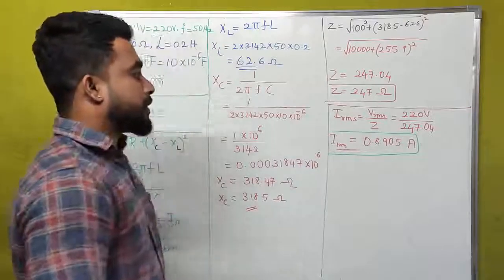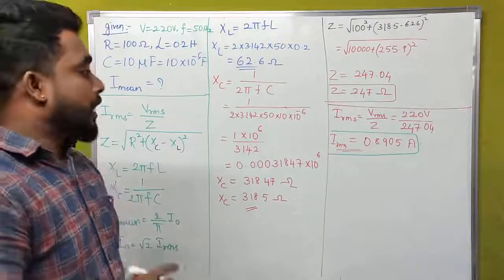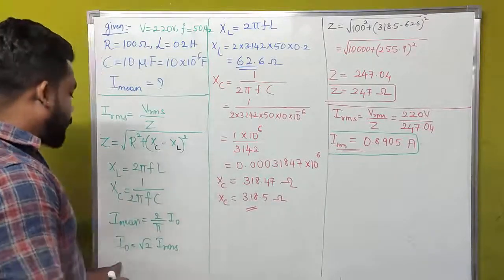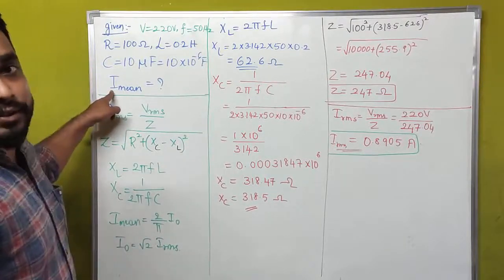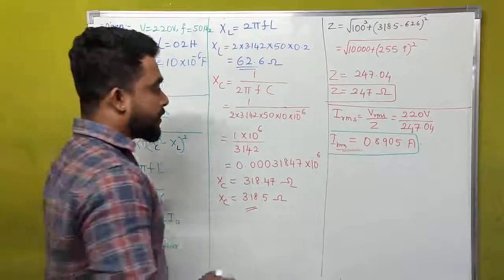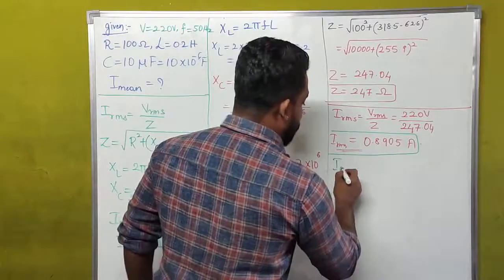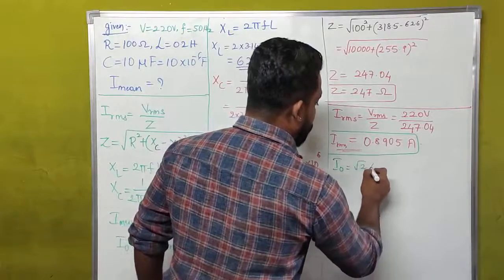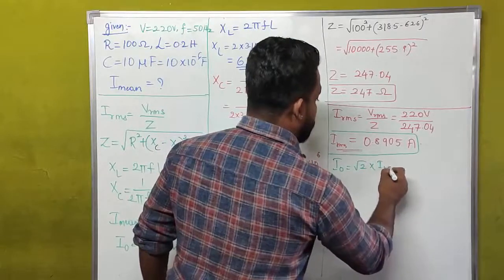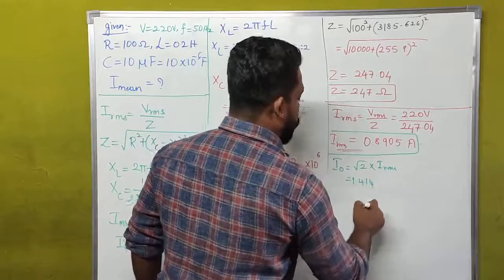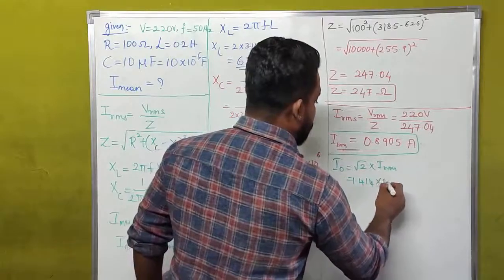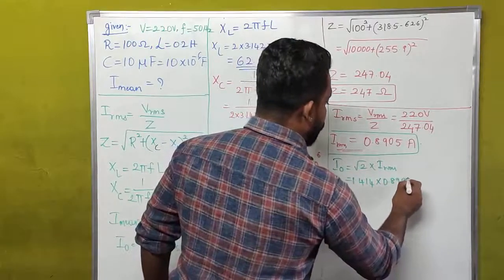Now what we have to find out? We have to find out the value of I naught. Then only we can get the value of I mean. Without that, it is not possible. I naught is equal to root 2 into IRMS. Root 2 means 1.414. IRMS is 0.8905.